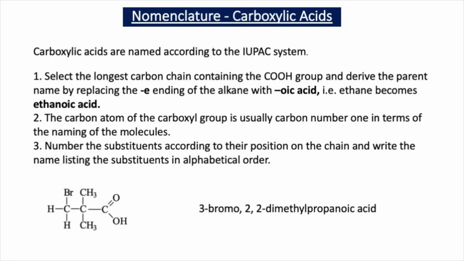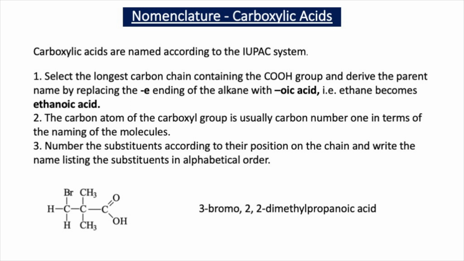Now, carboxylic acids are named according to the IUPAC system, and the following rules are in place for naming carboxylic acids. First of all, you have to select the longest carbon chain containing the COOH group, and then you derive the parent name by replacing the E ending of the alkane with oic acid.